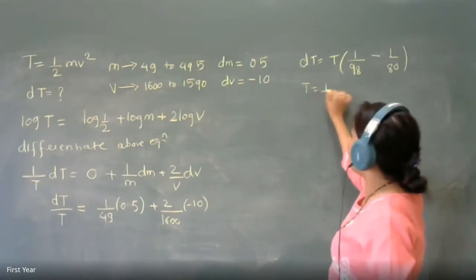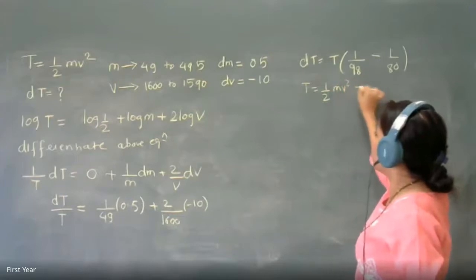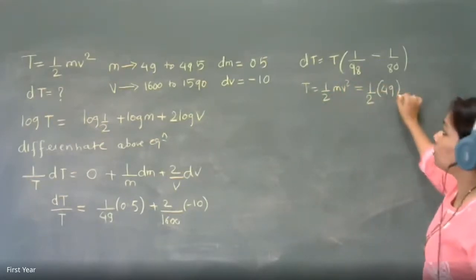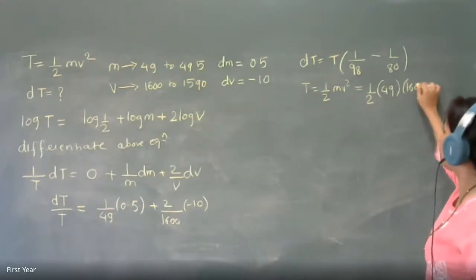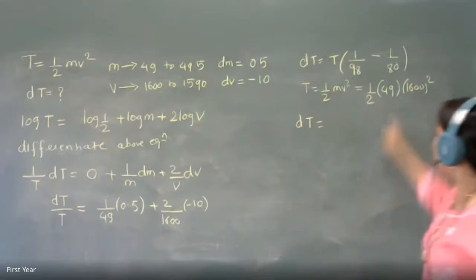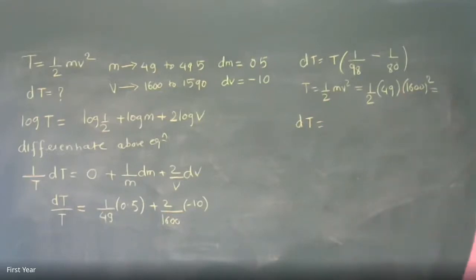What is this T? T is half m V squared. So half into m is 49 into V squared is 1600 square. Therefore dT is nothing but, calculate this well: 1600 into 1600 into 49 into 2. It will be a big number.